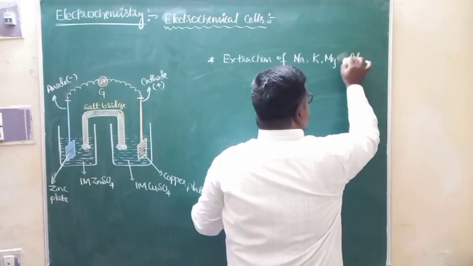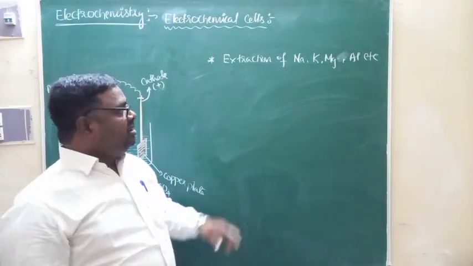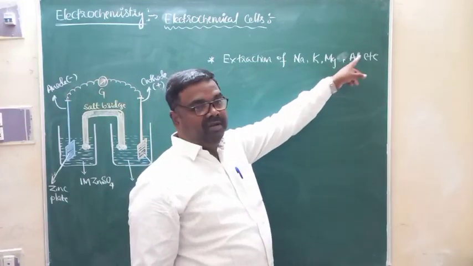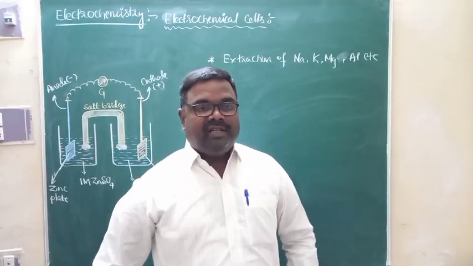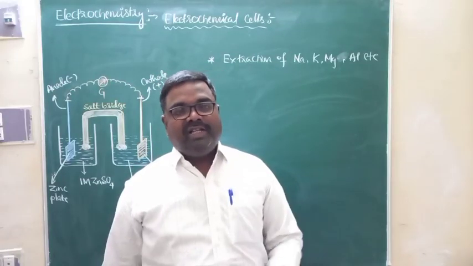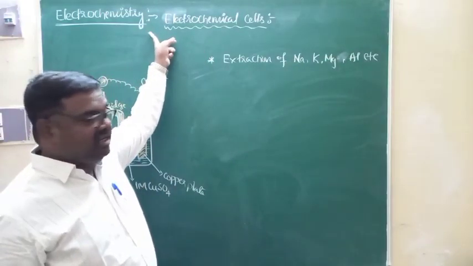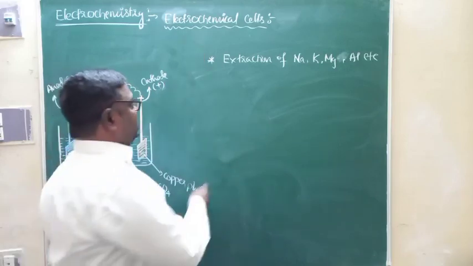These are quite useful metals, and these metals can be extracted from their natural sources by making use of principles of electrochemistry. That is one importance that I can note down as far as electrochemistry is concerned.